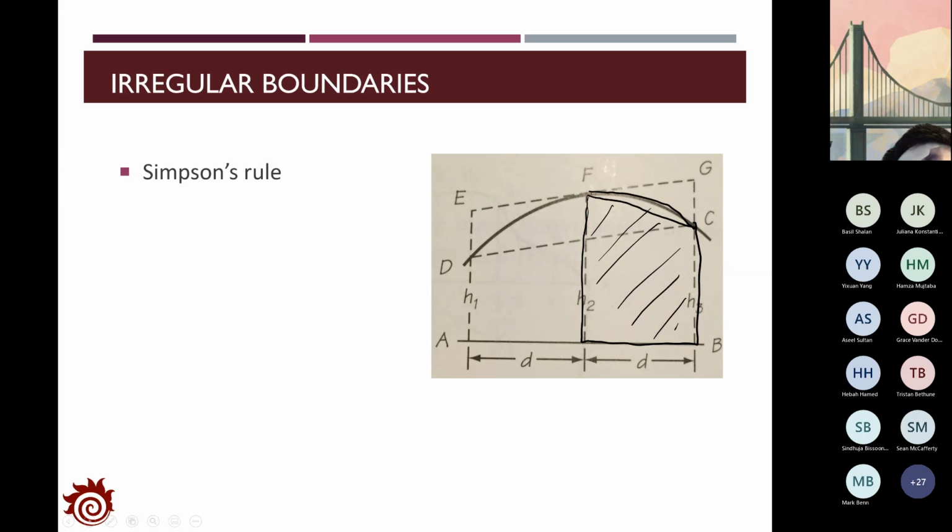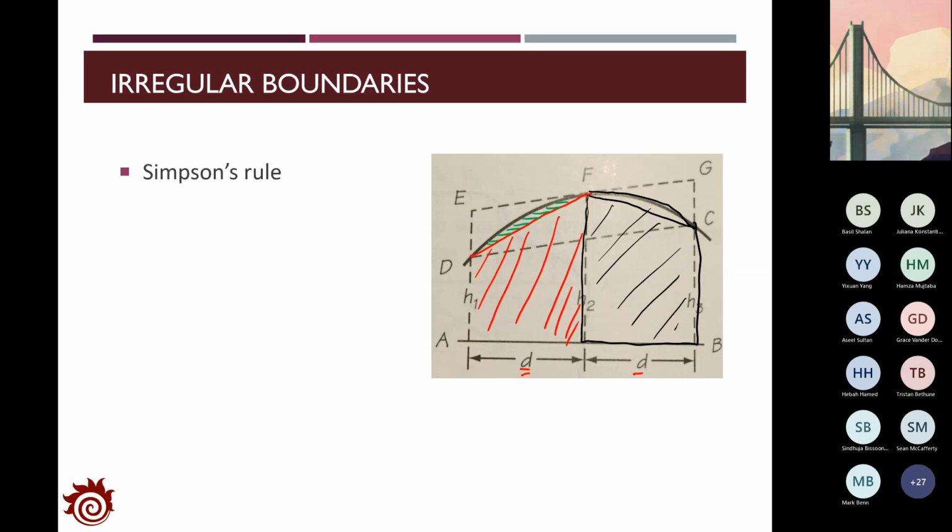For example, if we have the curve and we divide it into intervals of d, then for the first interval, usually for the trapezoidal rule, you will use the straight line from D to F and measure the area behind. But here you will observe that there is a part which is missing. That small region is missing, and this will result in a smaller area estimate.